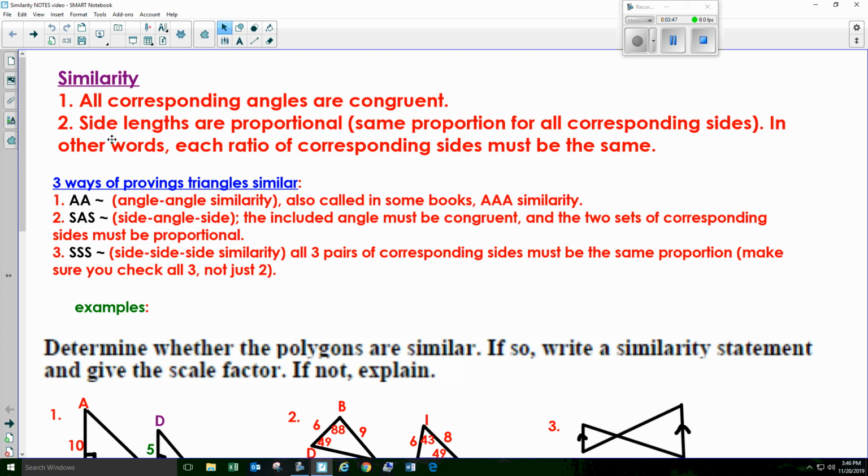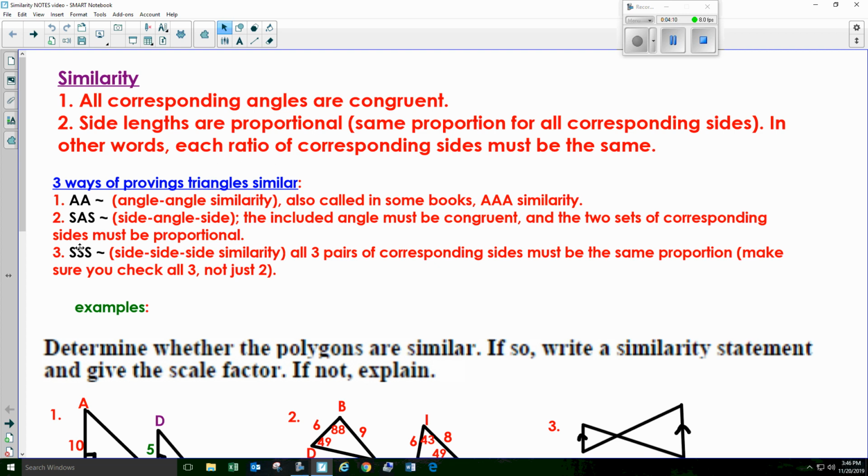Remember, the S's are the only ones that have to have the same ratio for the corresponding sides. So the included angle must be congruent, and the 2 sets of corresponding sides must be proportional. In other words, the 2 sets of corresponding sides must have the same ratio.